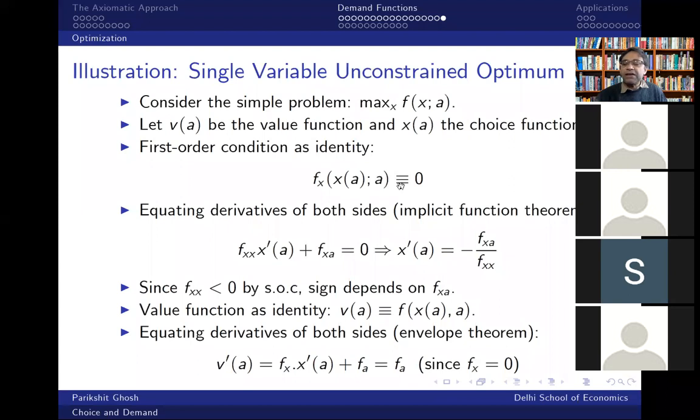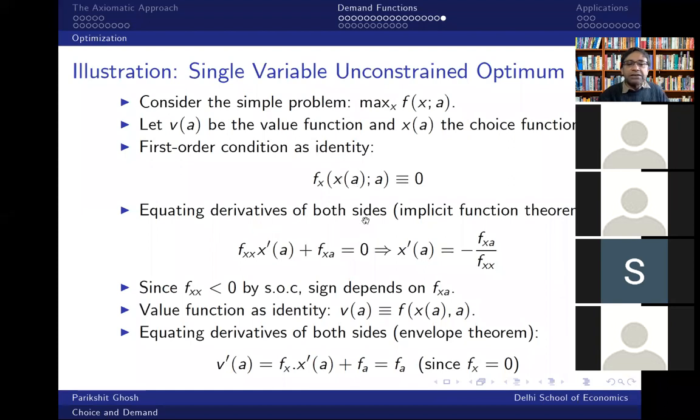Everything is an identity, so we can differentiate and equate the derivatives of the two sides. When you try to prove it in the abstract, you're just extending this reasoning: this is an identity, so I can equate derivatives.